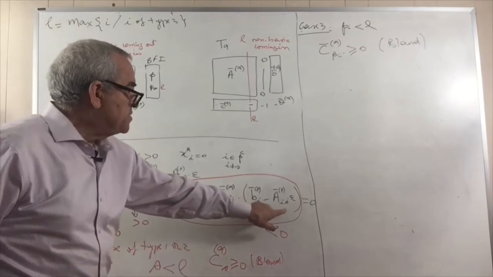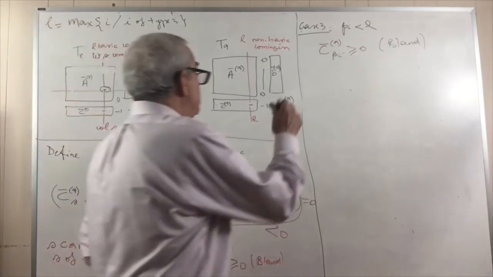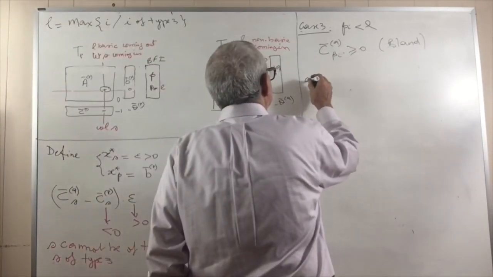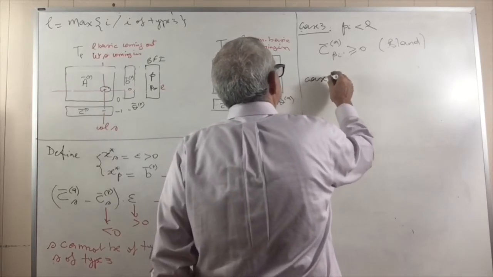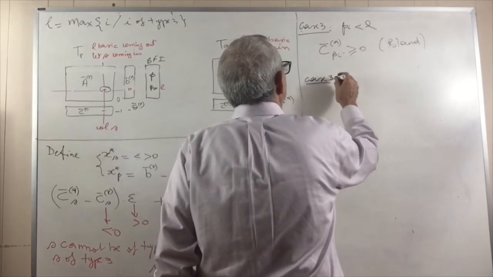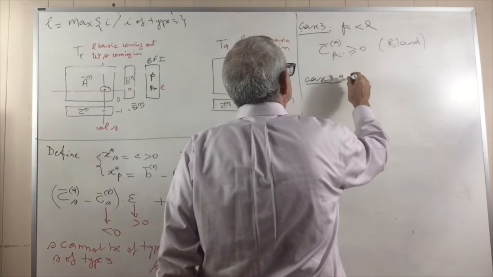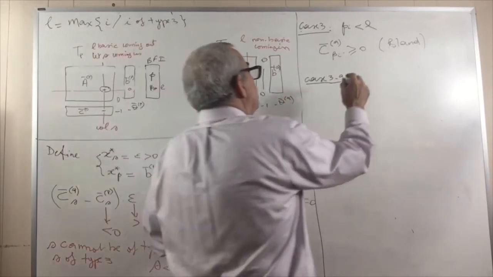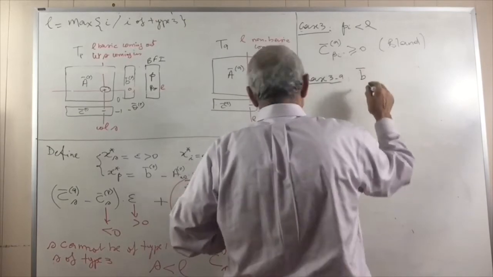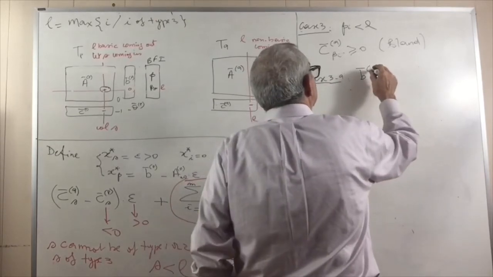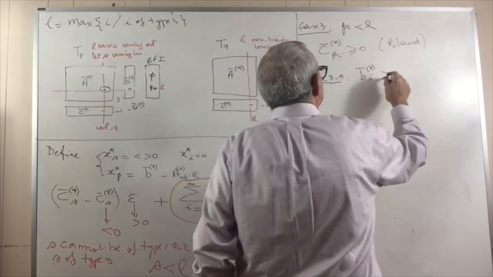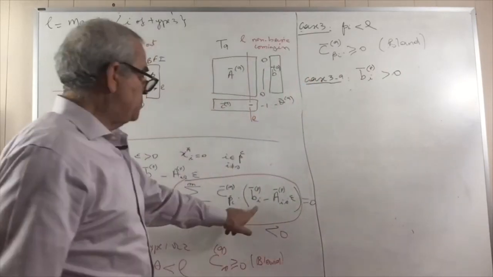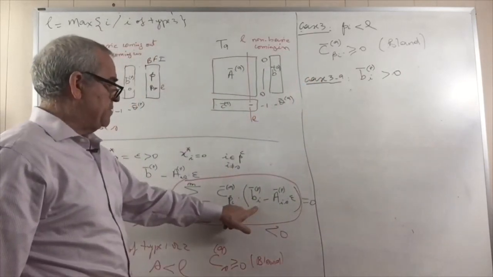Now, how about this parenthesis here? Well, we're going to have case 3, I'll call it 3A. Beta bar I positive. I'm going to assume in this case that b bar is positive.